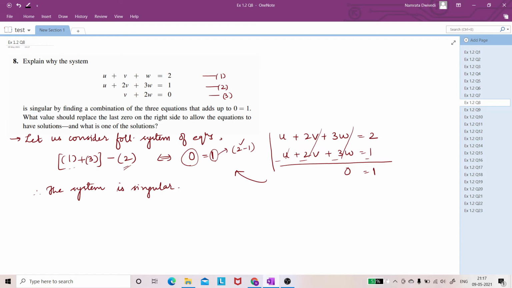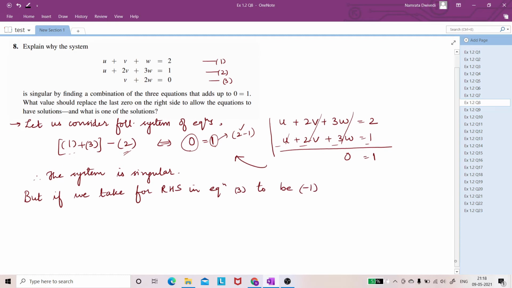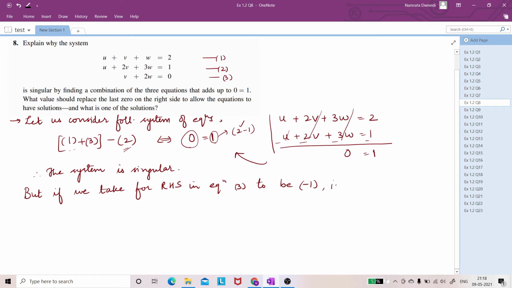But now there's a condition. If we take the RHS in equation 3 to be minus 1 instead of 0, then we will have 0 equals 0 instead of 0 equals 1.